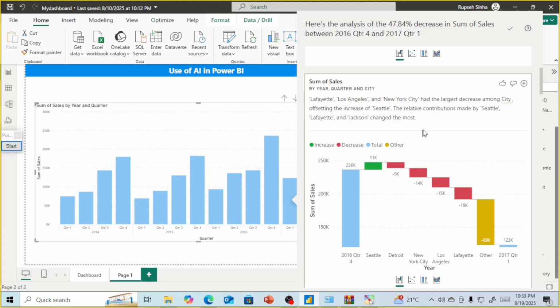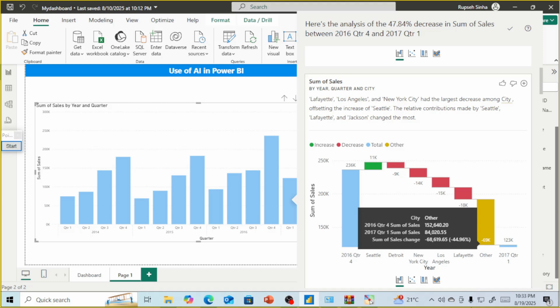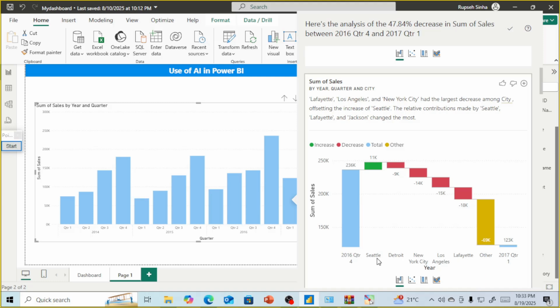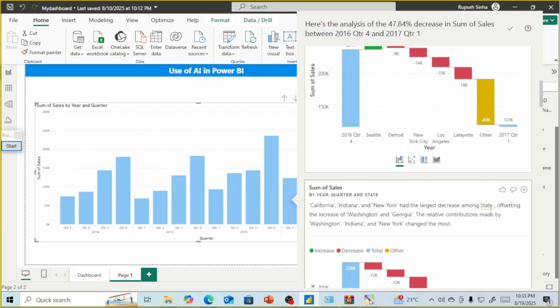So here it is telling that the relative contribution made by Seattle, Lafayette and Jackson changed the most. So we are able to understand that this is contributing to the highest decrease in the sales. And we have these cities also: Detroit, New York City, Los Angeles and Lafayette and other. So these are contributing to the maximum decrease in the sales.